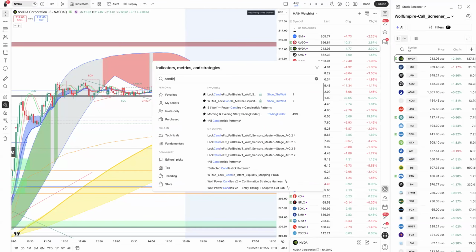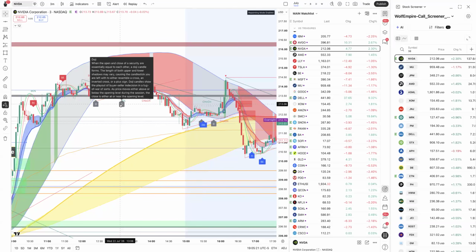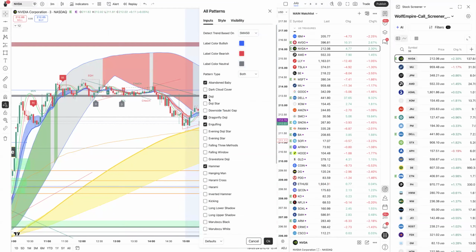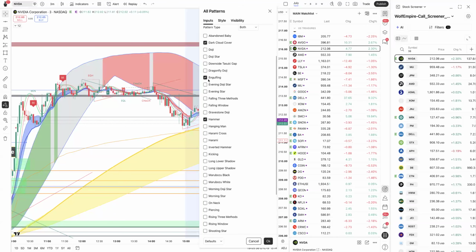You just type the word candle, and then you click on this one that says all candlestick patterns. And on this one right here, I don't use every candlestick pattern. I backtested all of them, and I only use the ones that make money easily. So that's the dark cloud cover. Dragonfly dojis are fine, but I don't use them. Evening star, engulfing candles.